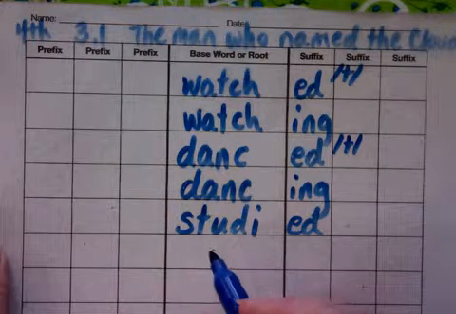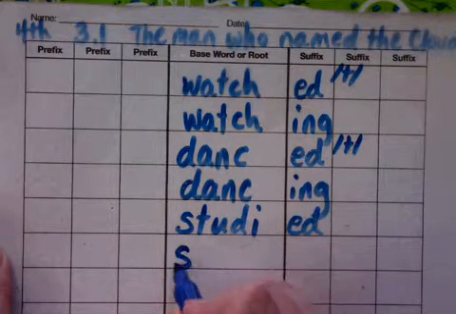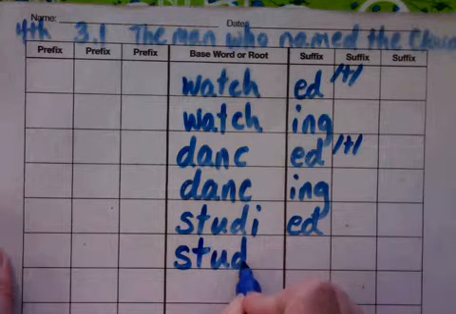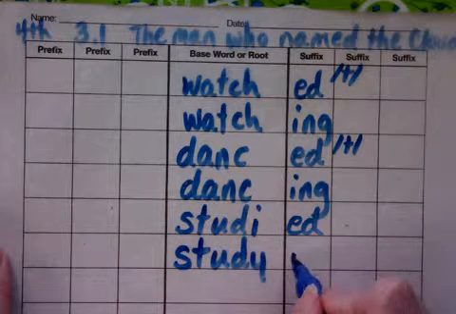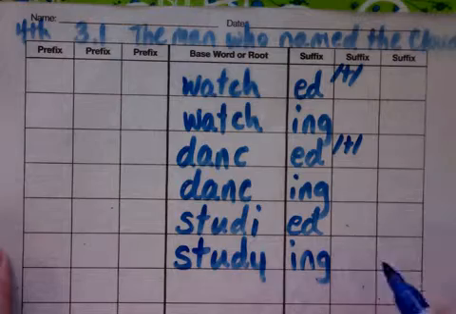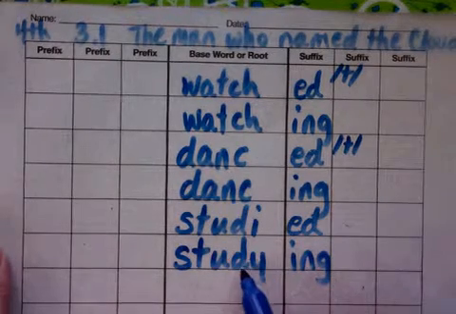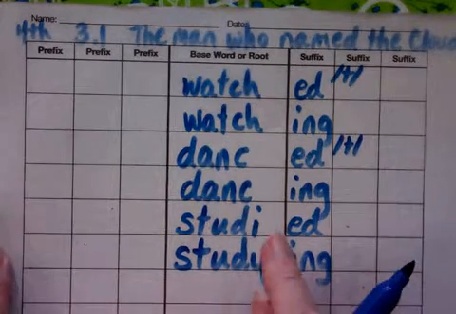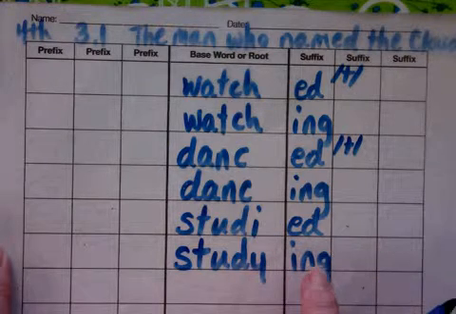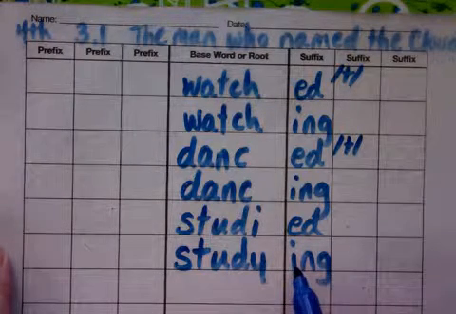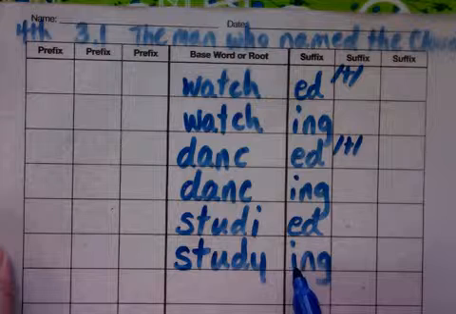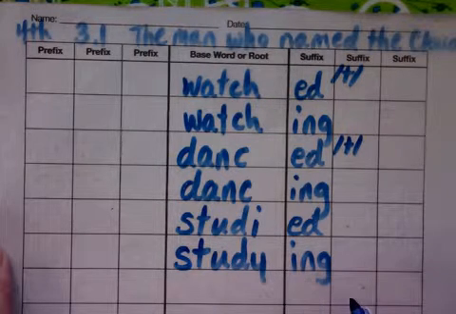Alright, let's do the word studying. Study is our base word. We're going to add the ing. Now, there's a consonant before the Y, so we change the Y to an I, except when the suffix starts with an I. So the Y stays where it is.